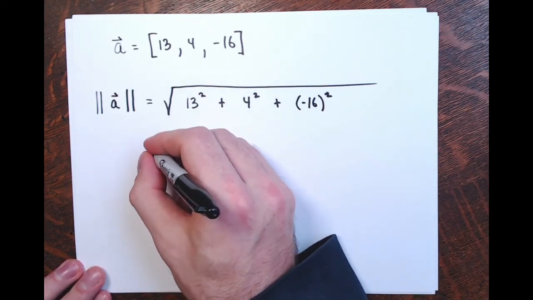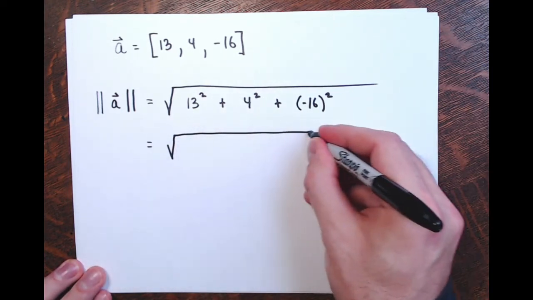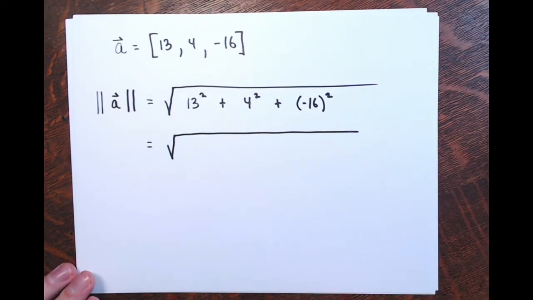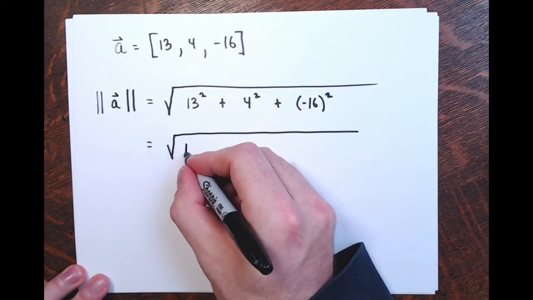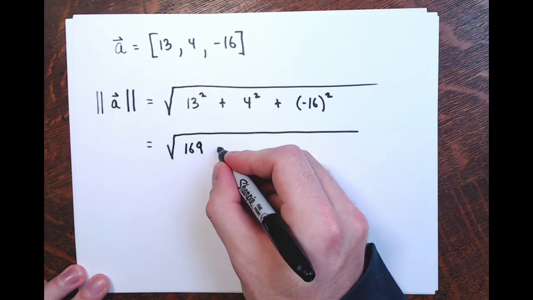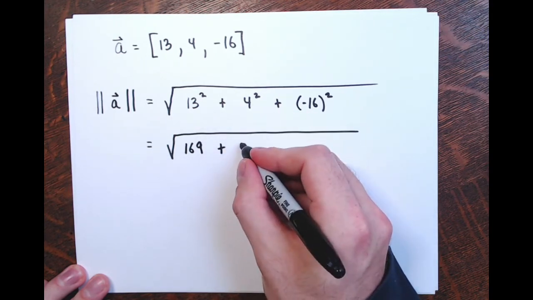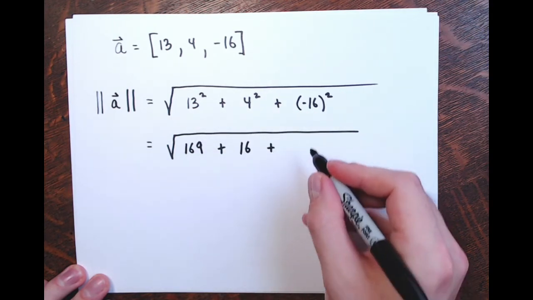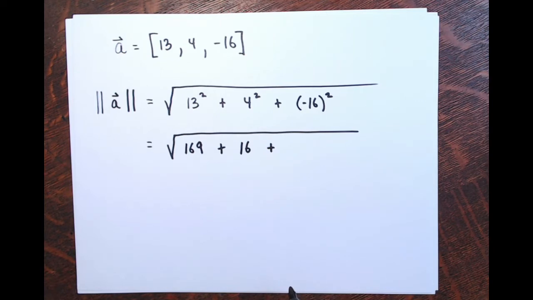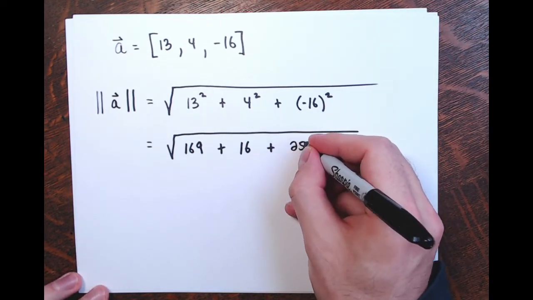So this is the square root. Now you can punch this in a calculator as well, but 13 squared is 169, plus 4 squared is 16, and then 16 squared is 256.